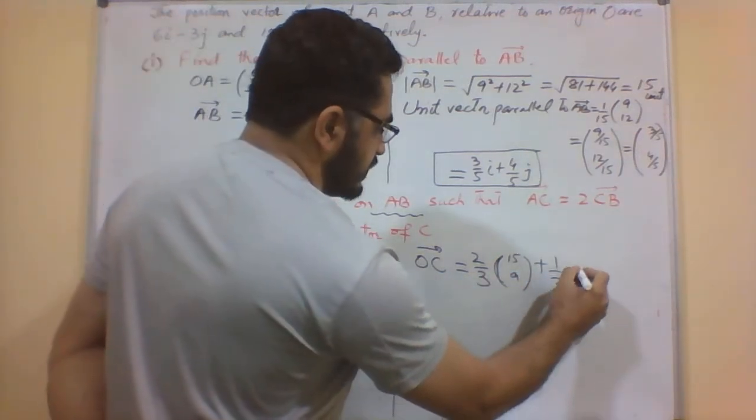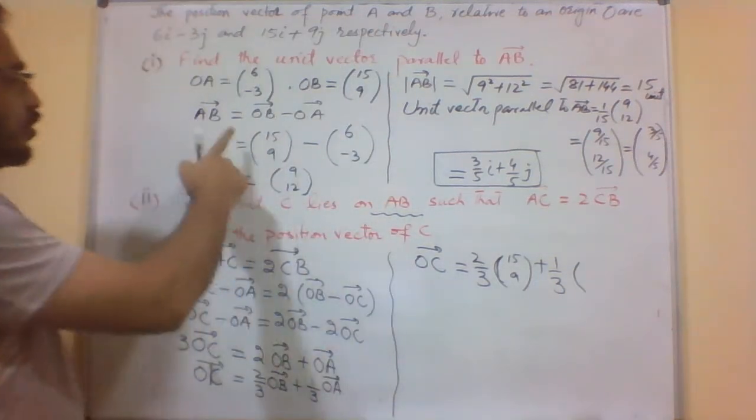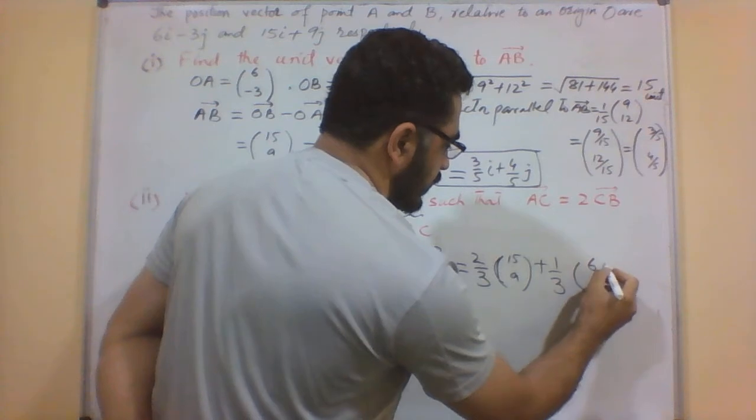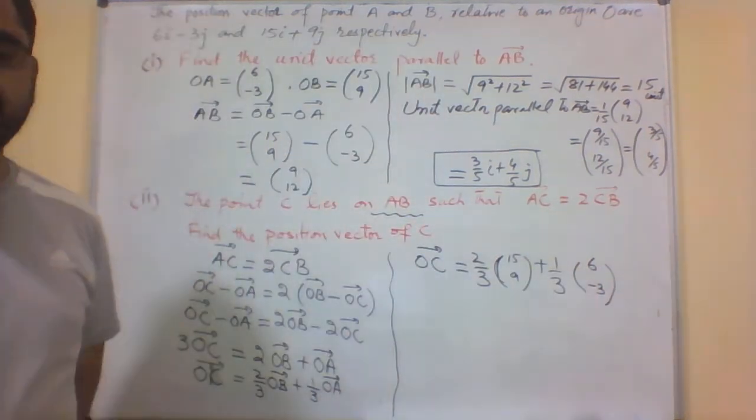Plus 1 by 3 times OA, which is 6, minus 3.